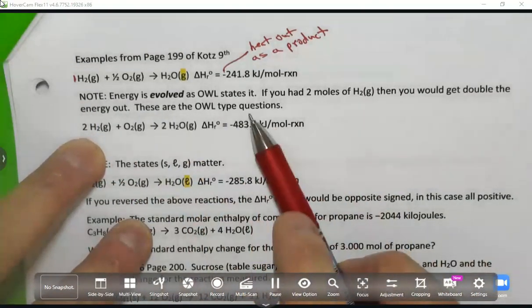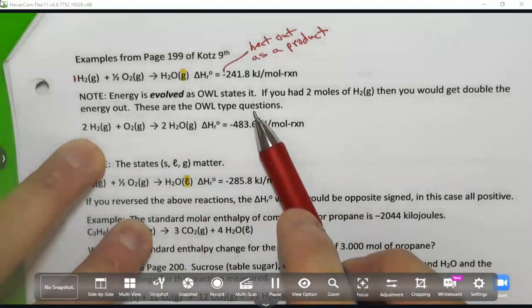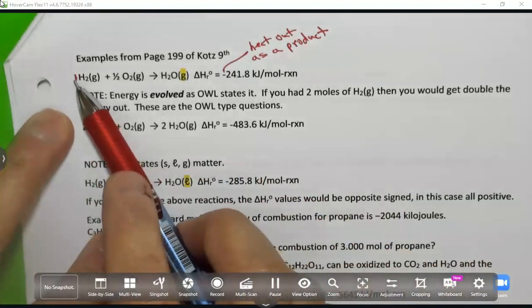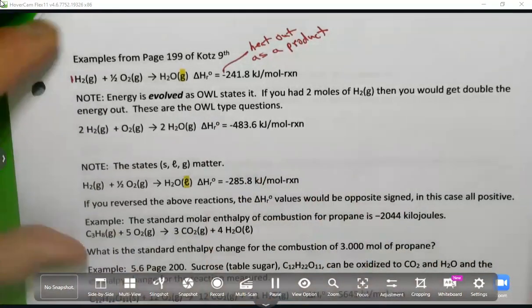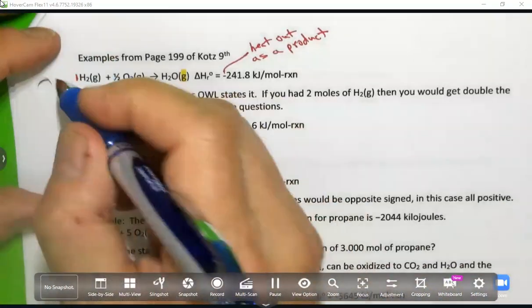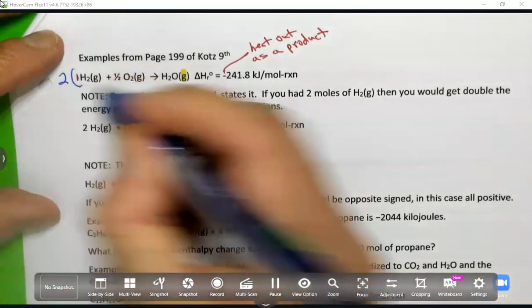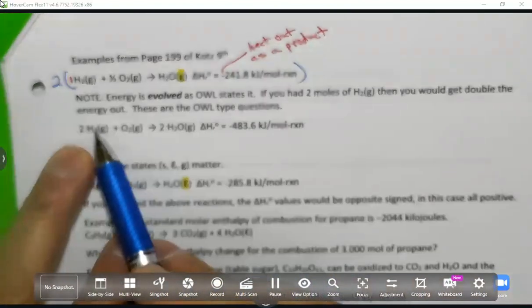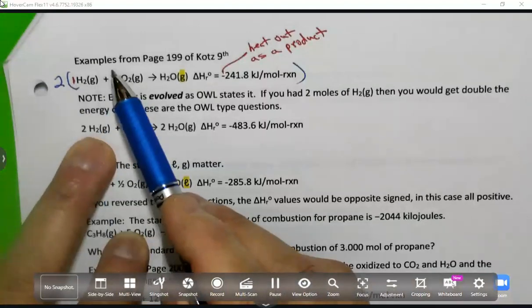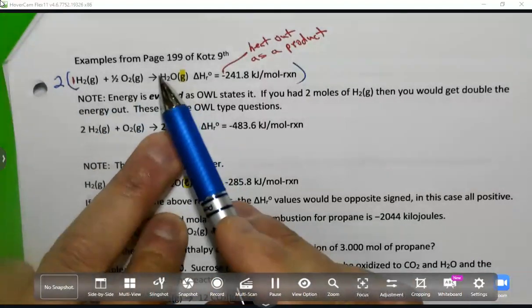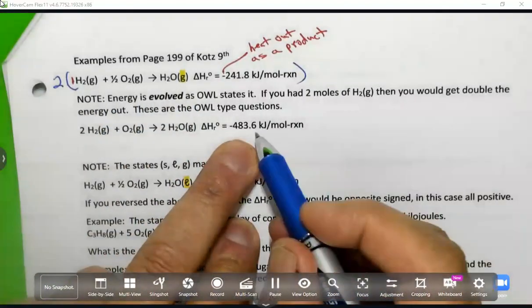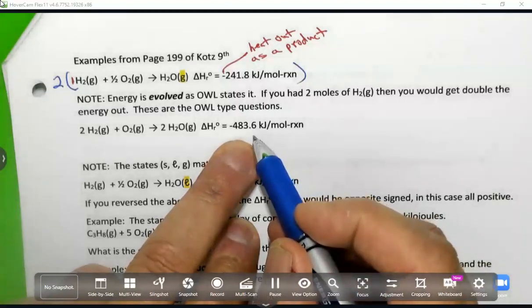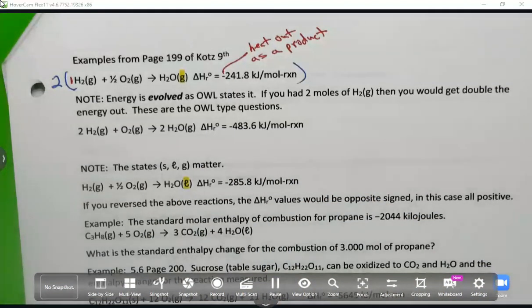These are the type of OWL questions. If I multiply a 2 through everything and double it, 2 hydrogens, 2 times 1/2 is 1 oxygen, I would get 2 waters and I would double my heat energy out, correct? I would just double my heat energy out.